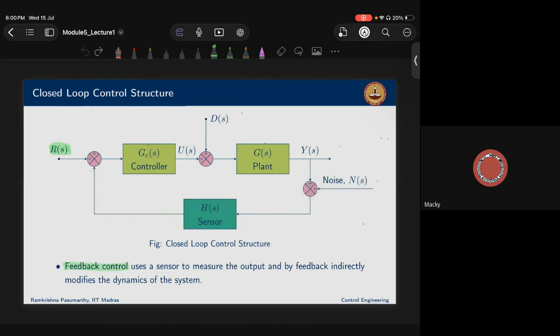This part is feeding the output to the input side. Basically it uses some sensor to measure the output Y and feed that output to the input. While measuring, you'll have some noise in the sensor.